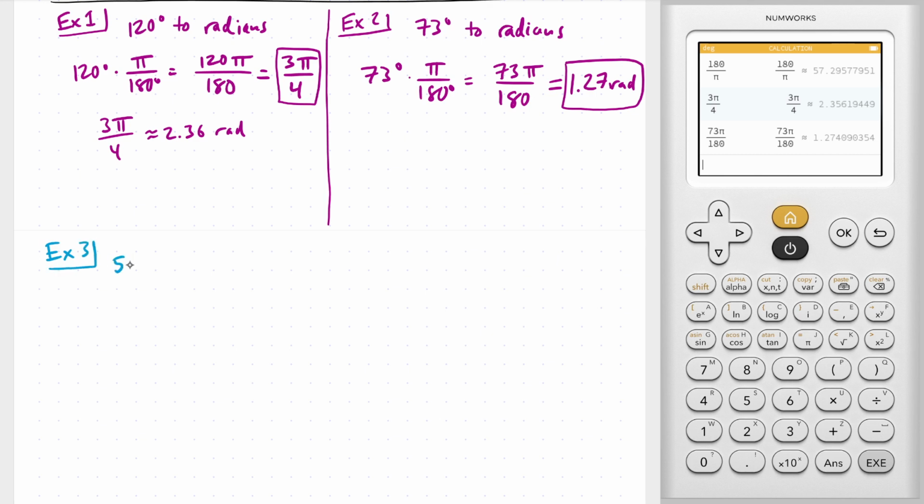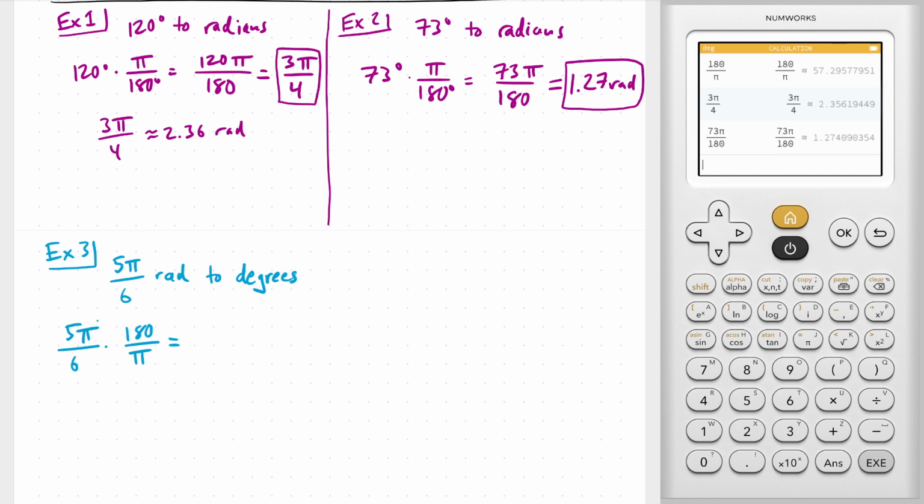Let's convert the angle 5 pi over 6 radians to degrees. Of course here we're going to take 5 pi over 6 times 180 over pi, because that's how we convert from radians to degrees.